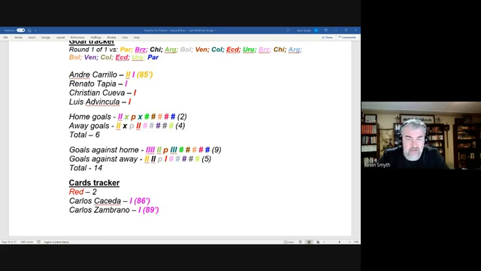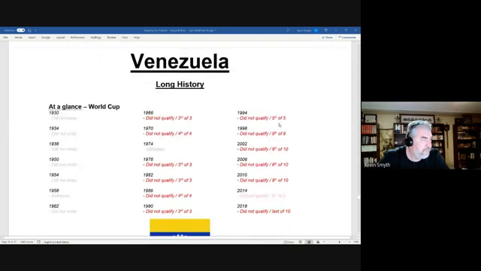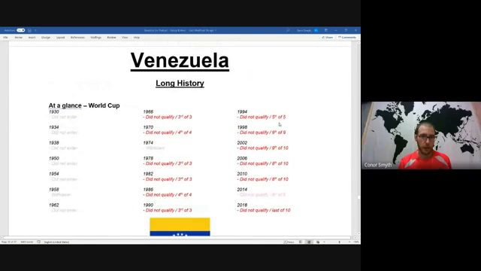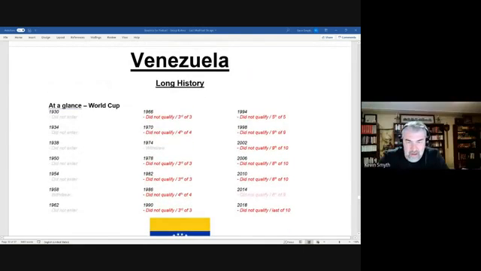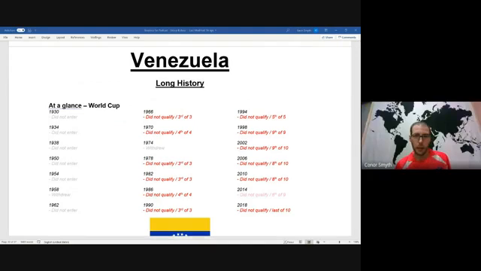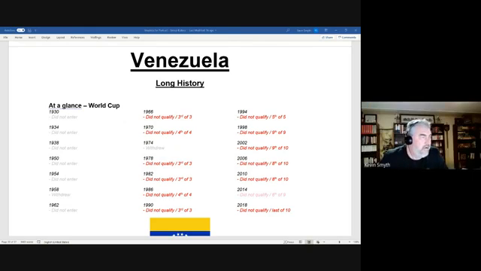Okay, let's move on, shall we, to Venezuela? Right. What about the nickname? Their nickname is La Vinotinto, which means the Burgundy. Even though burgundy is not a color on their flag, they wear striking burgundy or maroon jerseys, which sets them apart in South America. Yeah, very outstanding jersey.